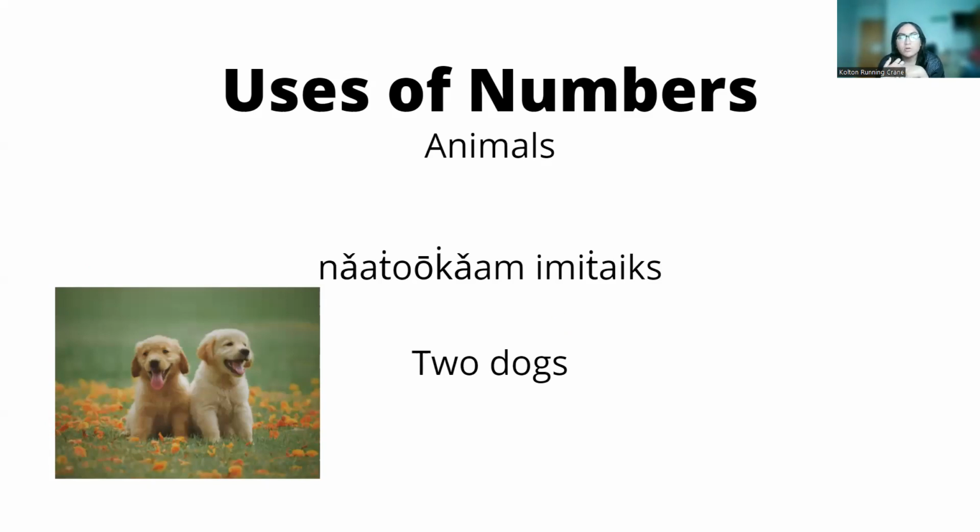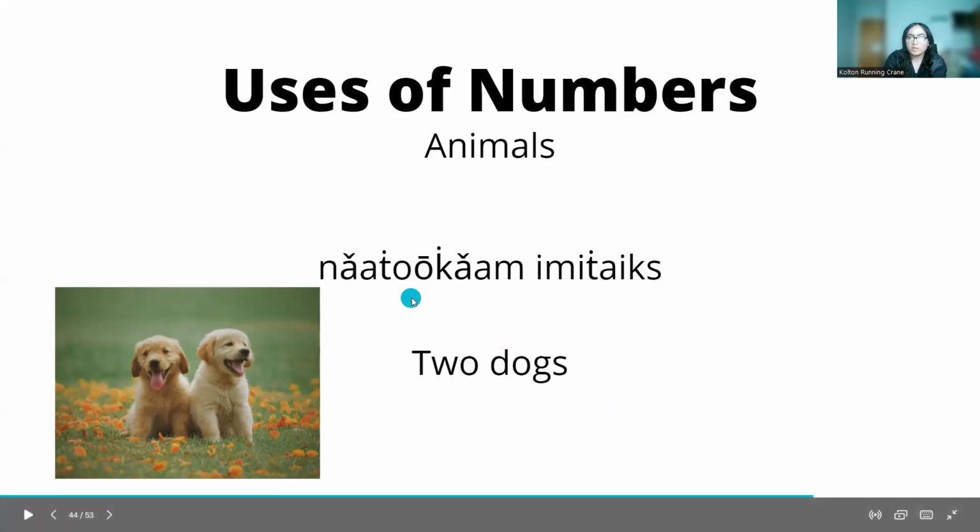For instance, take the word for a cat, buas. The plural of cat would be buasix. So if you wanted to say there are 4 cats, you take the word for 4, which is ni su, and just add M. Ni sum means there are 4. And then buasix, which means cats. So you could say ni sume buasix, just as there are 2 dogs, natukam imitates.